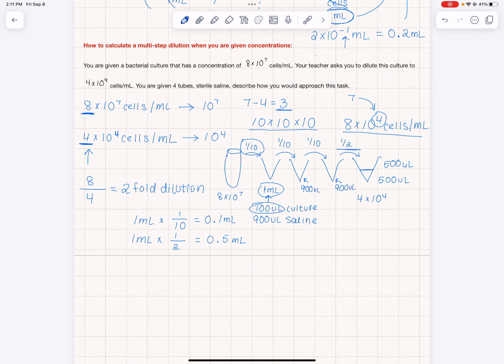And so, by showing our work and showing this math, we have answered the question of how we would go through our diluted tubes to get our new concentration of 4 times 10 to the 4th. Doing 3 10-fold dilutions, followed by 1 2-fold dilution.